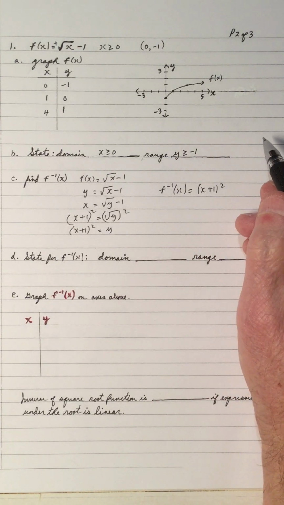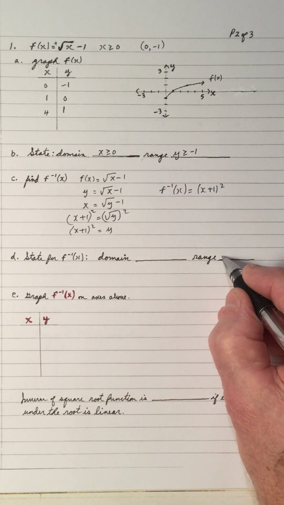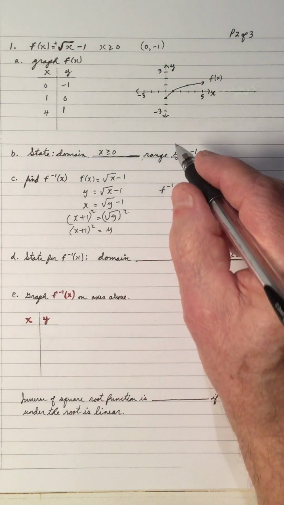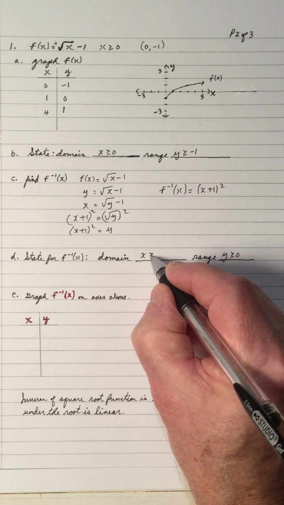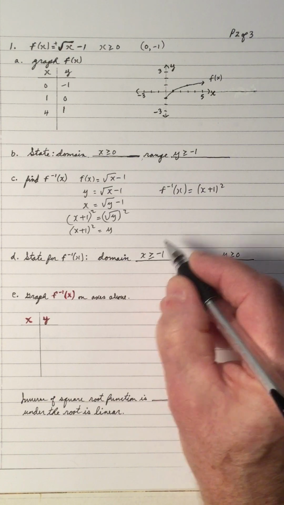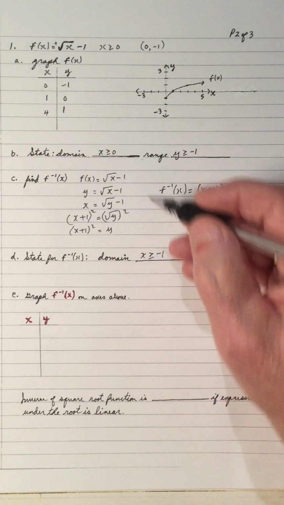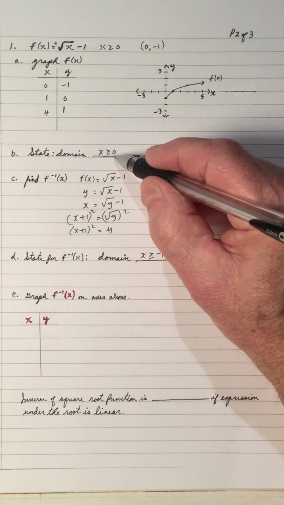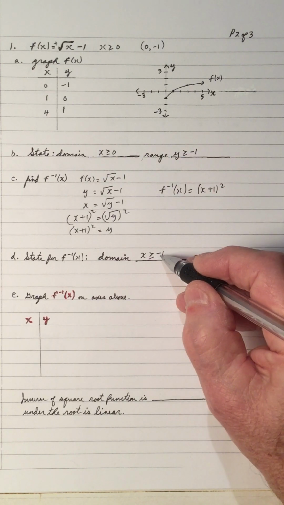But we have to remember we're doing an inverse, so your domain is the range. The range y is greater than or equal to 0, and the range is your domain, so your domain is x is greater than or equal to negative 1. Remembering domain is always the x, the range is always the y. So greater than or equal to 0 goes here, greater than or equal to negative 1 goes here.